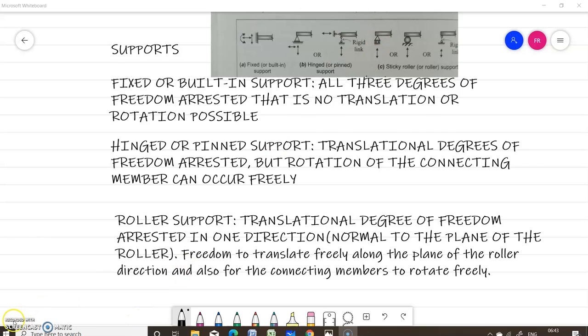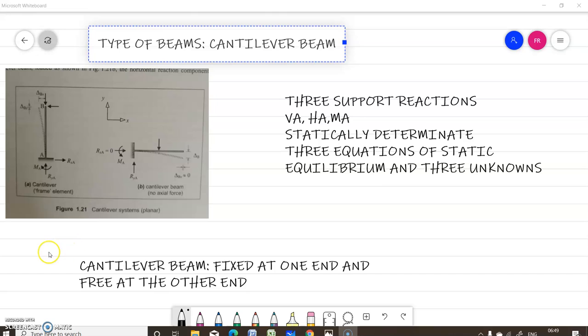Okay, now we'll see in detail what is the meaning of statically determinate beams. So first one is a cantilever beam. So what is the meaning of a cantilever beam?